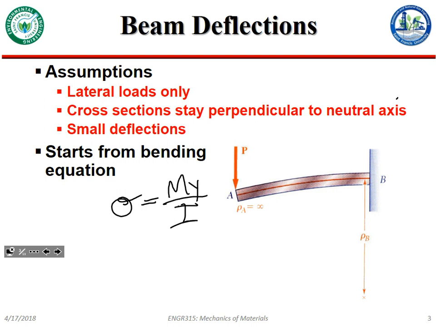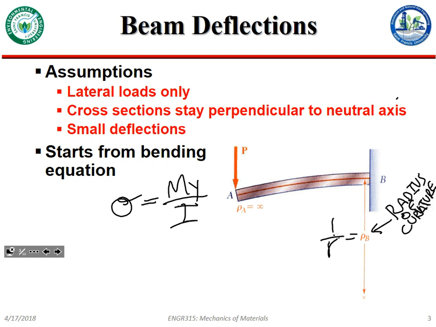So we're going to start there. Say for this cantilevered beam, this guy's just your radius of curvature, which is equal to 1 over the radius something is, right?